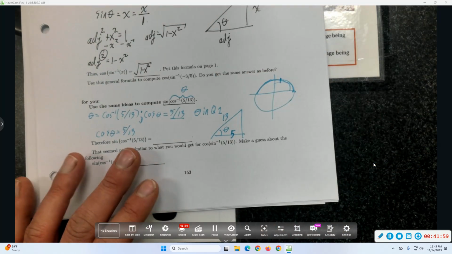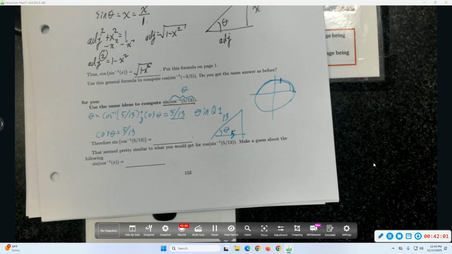Cool. I guess I need to know the opposite. How many people could tell me the opposite, without doing any algebra because they recognize a number? What is it? 12. But you can also now take a moment and find it.